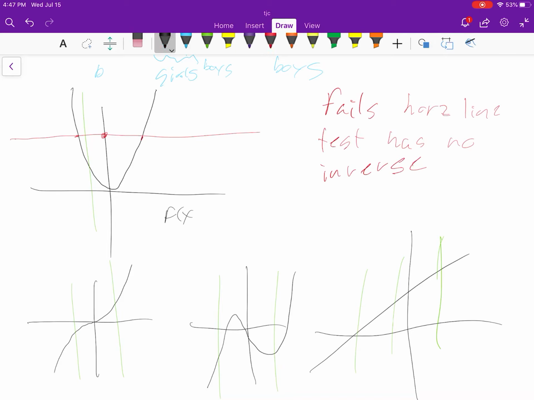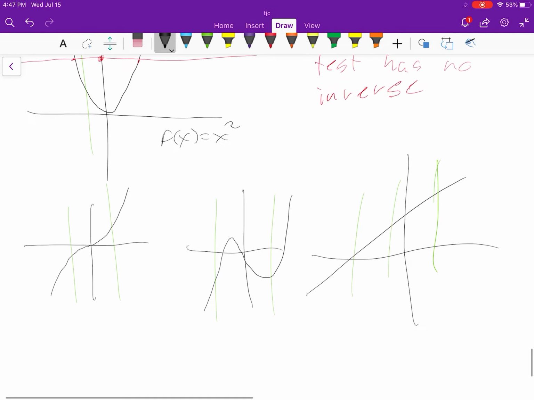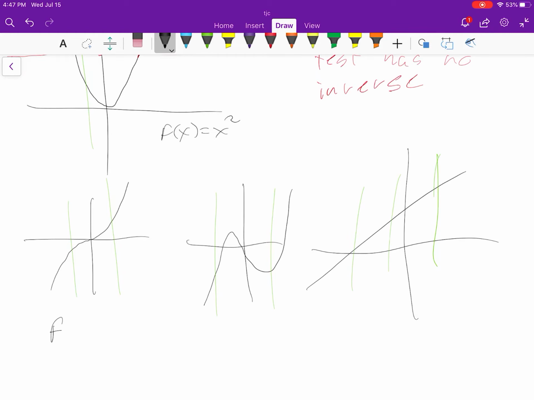Okay, and of these functions, you see the parabola here, which is f of x equals x squared. It does not have an inverse. This one right here is f of x equals x cubed. It does have an inverse. See, no matter what horizontal line, it only crosses once.